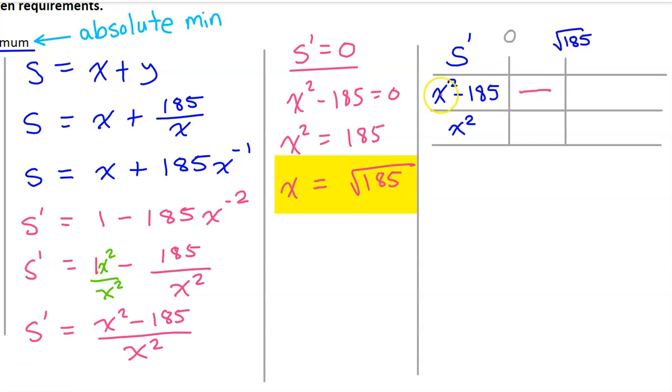If you put in anything that is bigger than radical 185, you're going to be left with a positive number. When you put in a positive number and then you square it, of course you're going to get a positive number. A negative divided by a positive is a negative. A positive divided by a positive is a positive. So these are the overall signs of S prime.